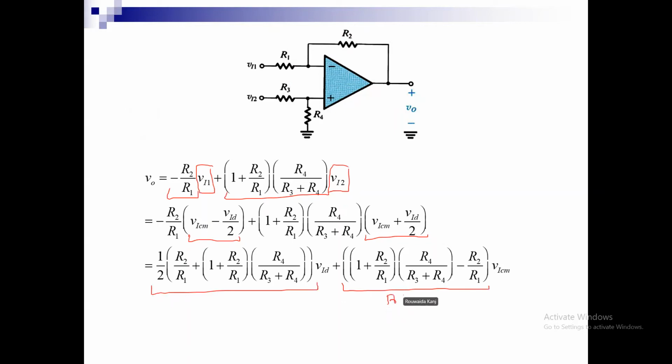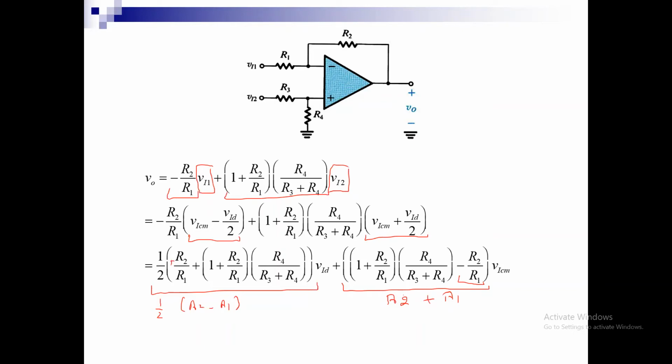This is actually A2 plus A1, which is minus R2 over R1. And this is half times A2 minus A1. Okay, so minus A1 became plus R2, this is the A2. Okay, so I found now the differential gain and the common gain.